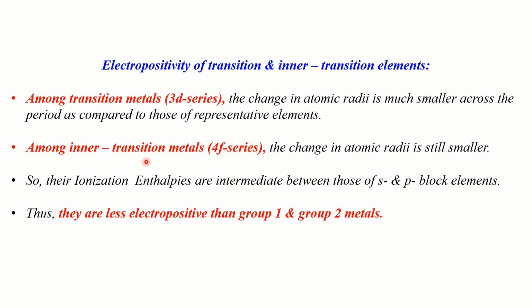So the ionization enthalpy values of the transition metals and the lanthanoids are intermediate between those of s and p block elements. As a result, they are less electropositive than group 1 and group 2 metals. And this means that they are relatively less reactive than group 1 and group 2 metals.